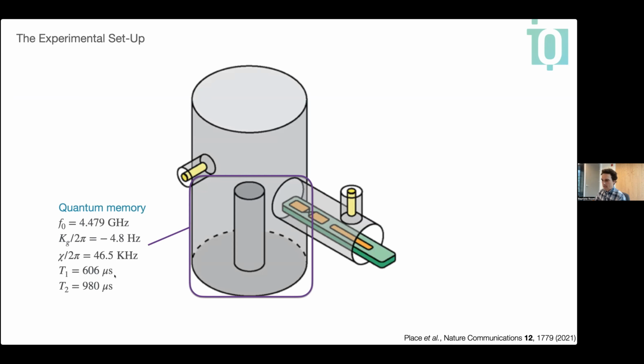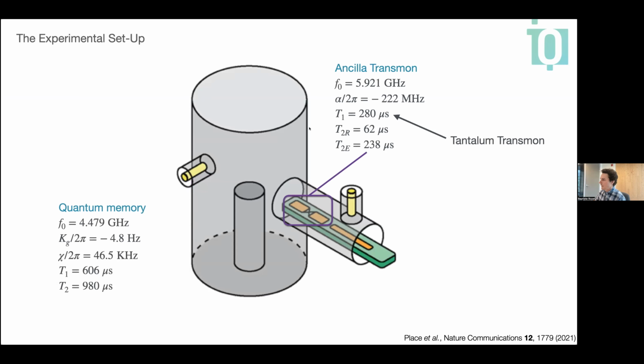It had a pretty good lifetime, but it was not the best lifetime that has been demonstrated in the community. The second thing here is an auxiliary transmon with a fairly decent T1 and T2, which was due to a change in fabrication technique: they used tantalum to build the transmon.